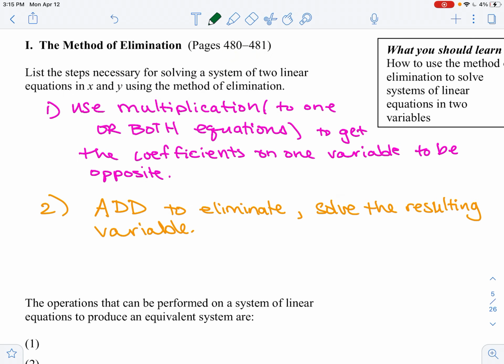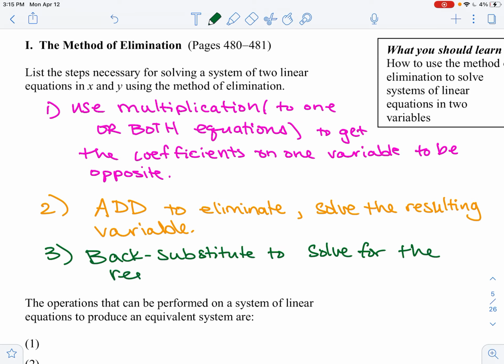And then lastly, you're going to substitute back, or back substitute, which we talked about last section, to solve for the remaining variable. And just like before, you always want to make sure that when you're done, you plug it back in and check it.